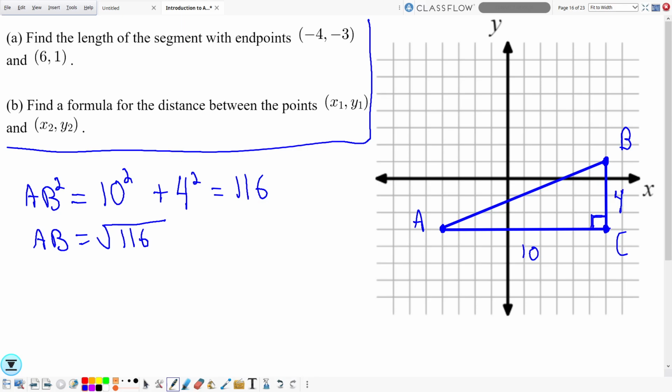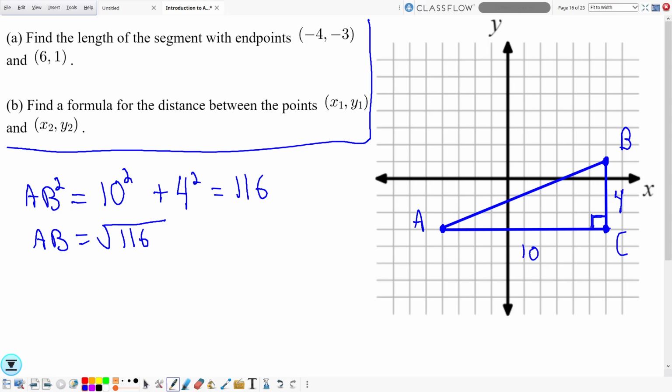Well, my trick to this is to divide your 116 by perfect squares, because if you divide it by a perfect square, then you know that you can simplify the radicals.